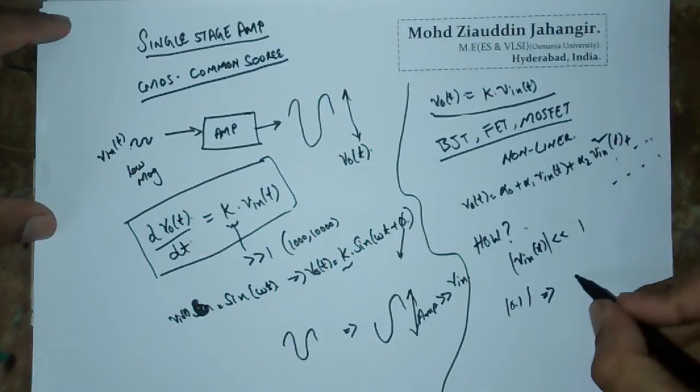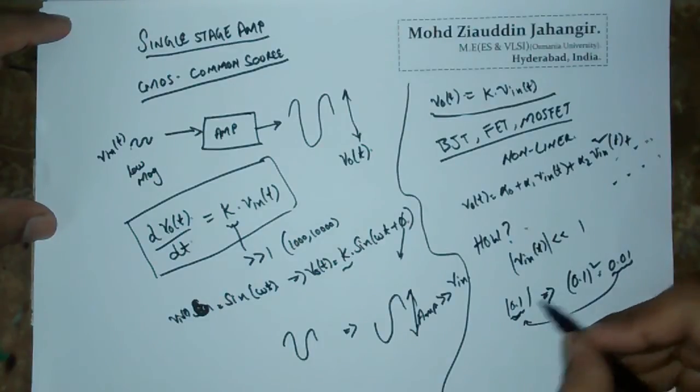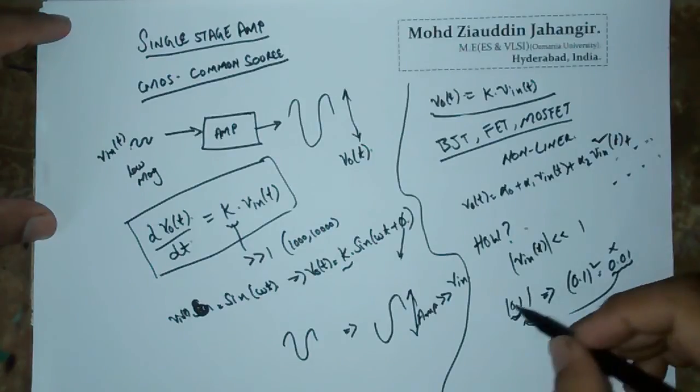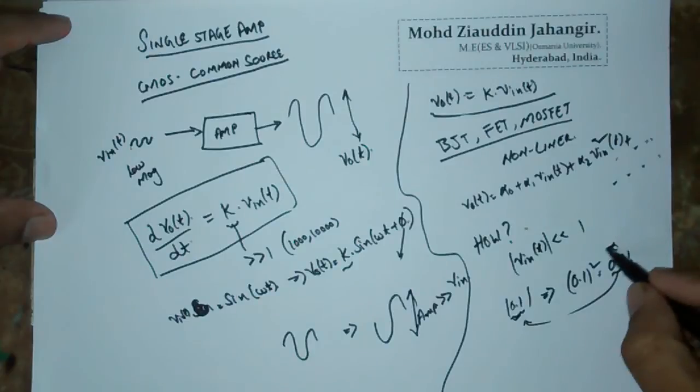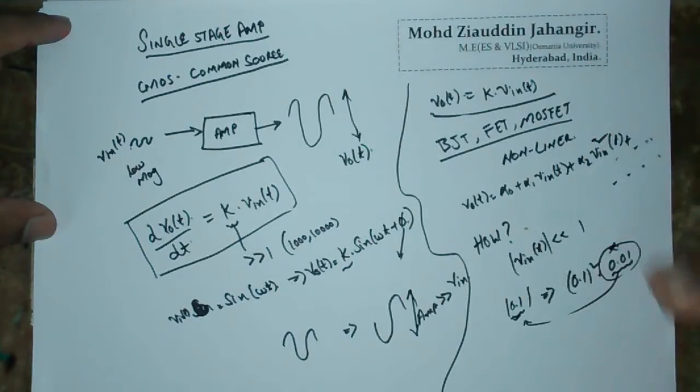This square term, 0.1 whole square, is going to give you 0.01. The value 0.01 is very much less than 0.1. So in other words, you can discard this term when compared to the other term. This is how we are going to approximate the nonlinear behavior in order to get an amplifier out of nonlinear elements.